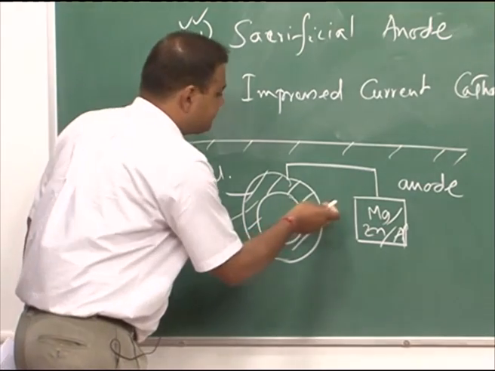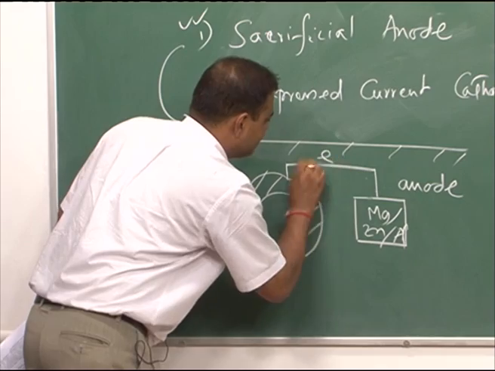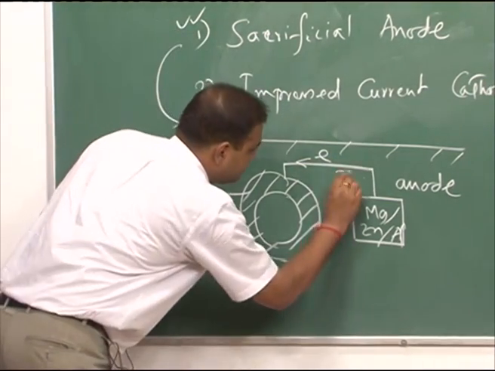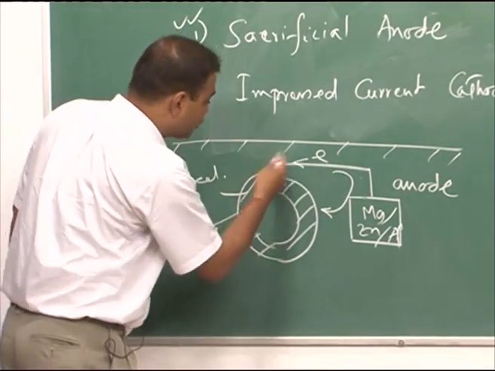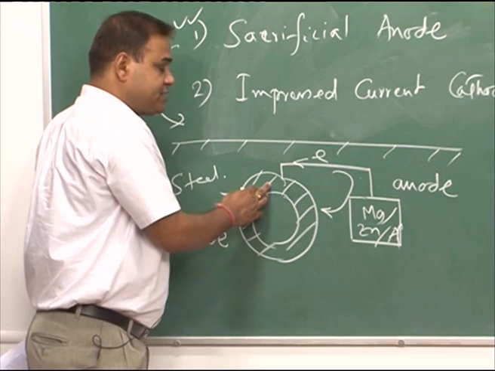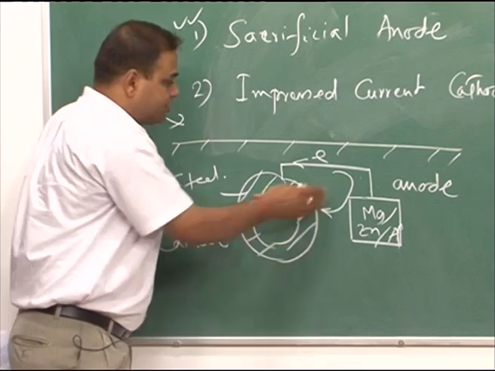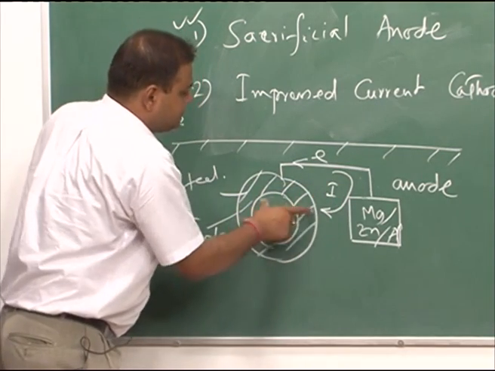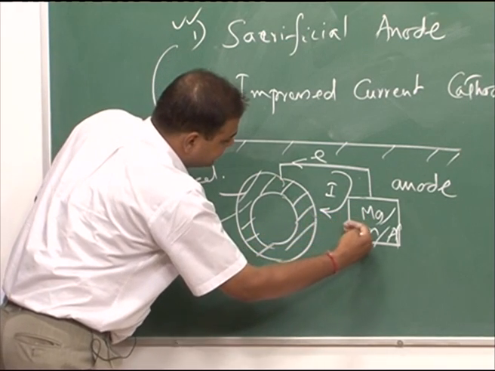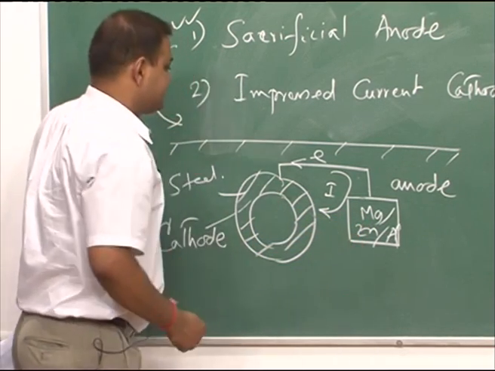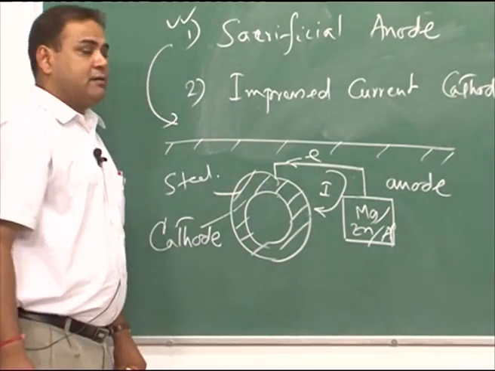So this is the anode, the electron will go this way and the current will pass this way. The concept of cathodic protection is that electrons should go to the material which is to be protected and the current should enter into the system from the electrolyte. So this material is cathode, the current is entering into the system, and the electron is entering into the system through the conducting wire.